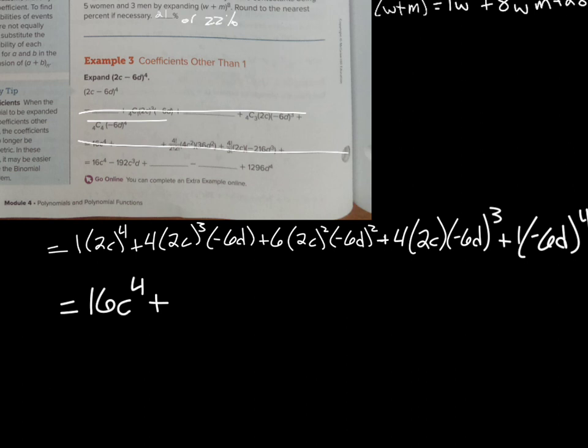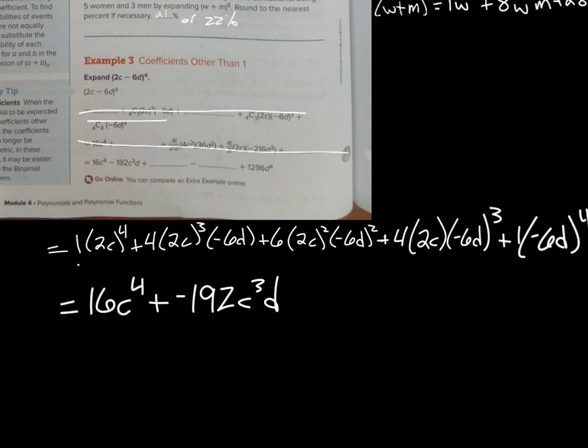So 8 times 4 is 32. Then it's 32 times negative 6, right? We got to do all that. Negative 192. Yeah, 192 c cubed d.